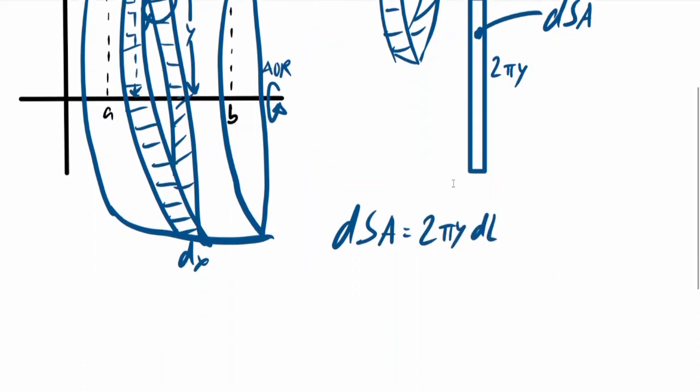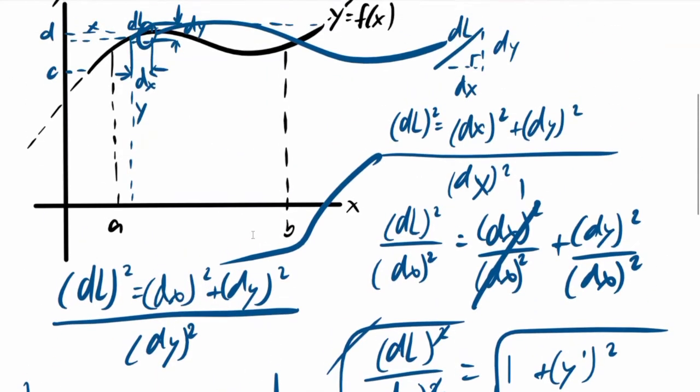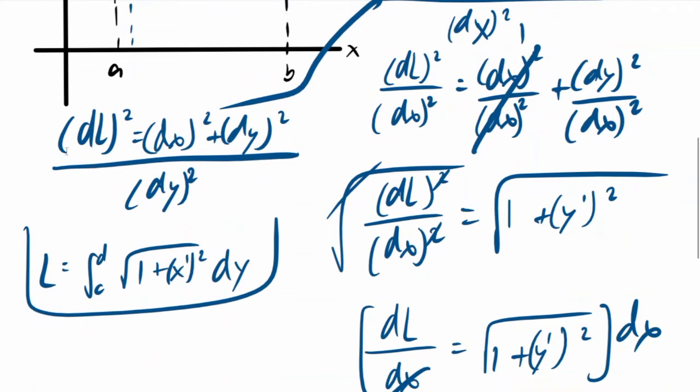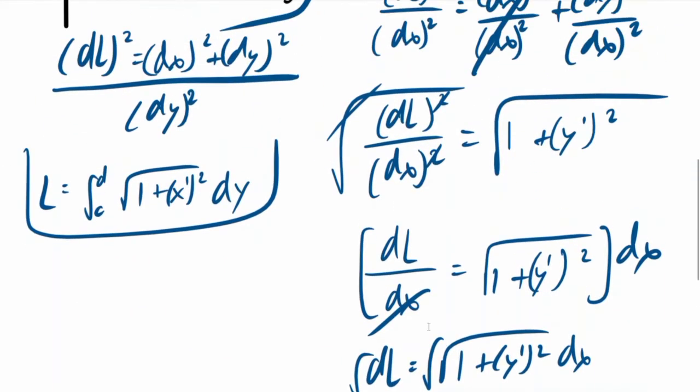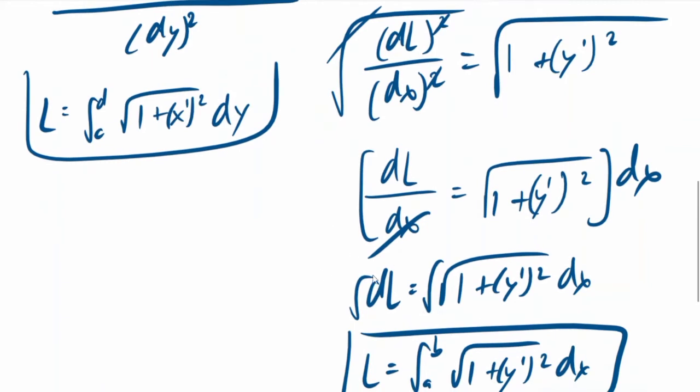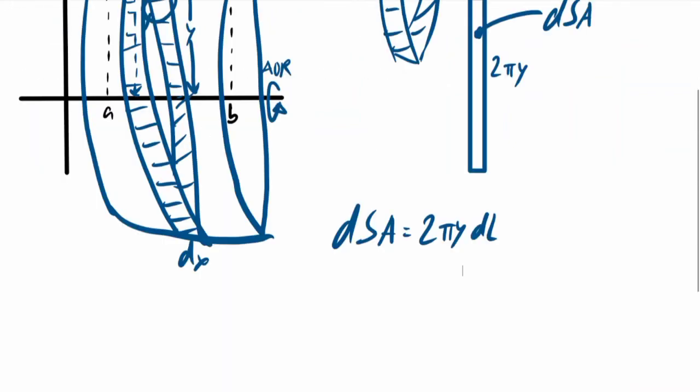Now if you remember the dl from the length of the curve, our dl is just like this, either this is our dx.